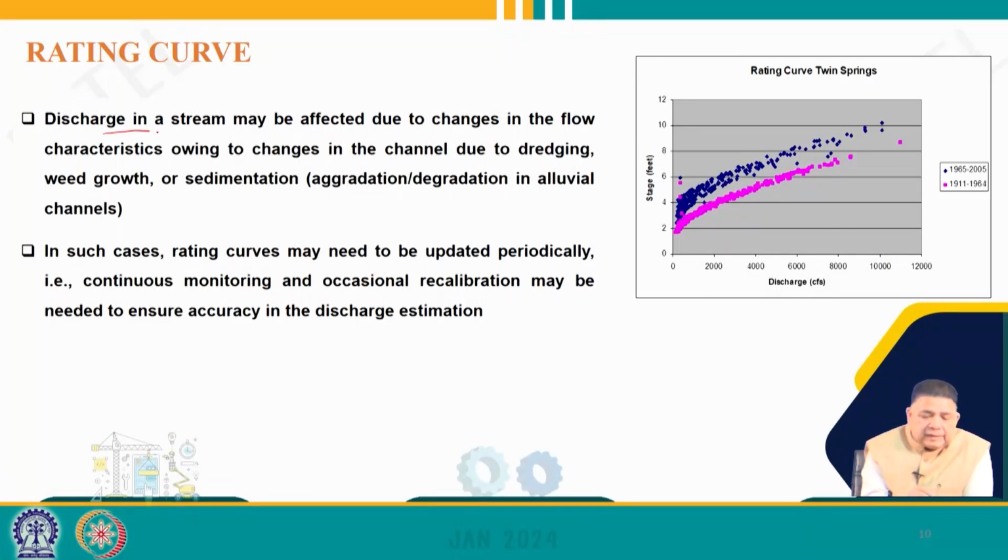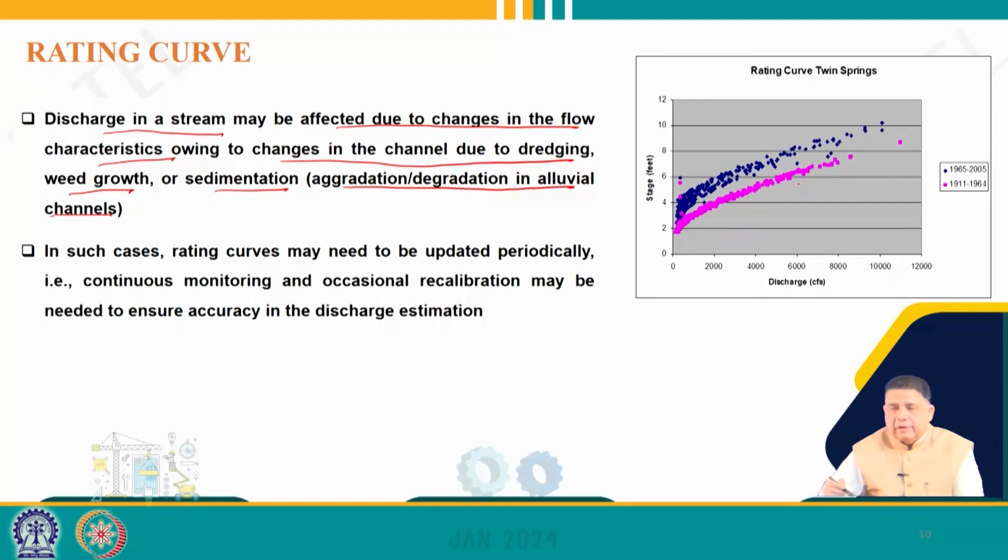The problem is that the discharge stream may be affected due to changes in the flow characteristics, owing to change in the channel due to dredging, weed growth, or sedimentation, that is both aggradation or degradation in alluvial channels. So, obviously, we just now discussed that what we do is carry experiment at a particular cross section of the river in order to develop the stage discharge relationship.